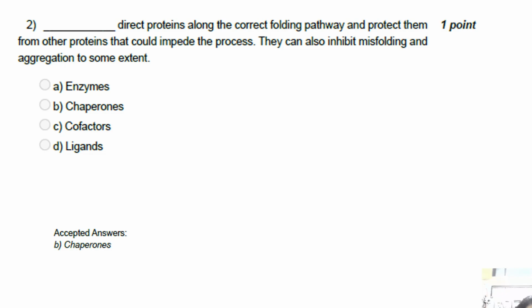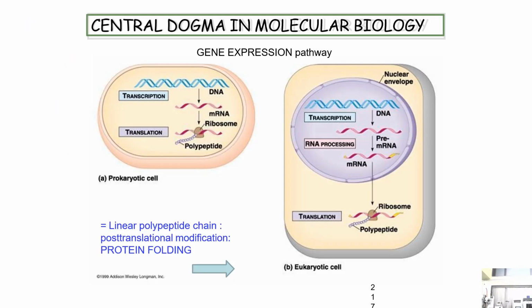So the proteins that protect other proteins along the correct folding path are chaperones, such as HSP70 or the GroEL-GroES complex, which prevent aggregation and assist proper folding. So the answer will be chaperones.